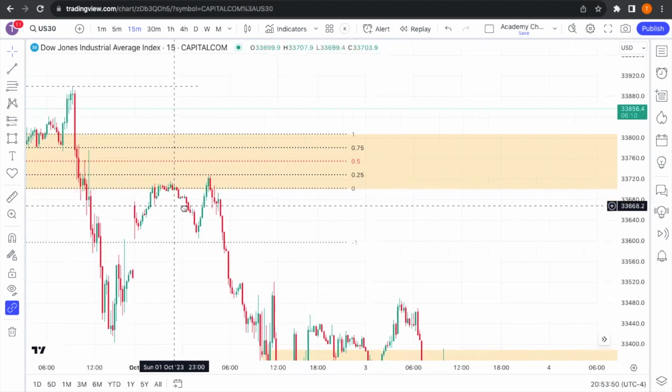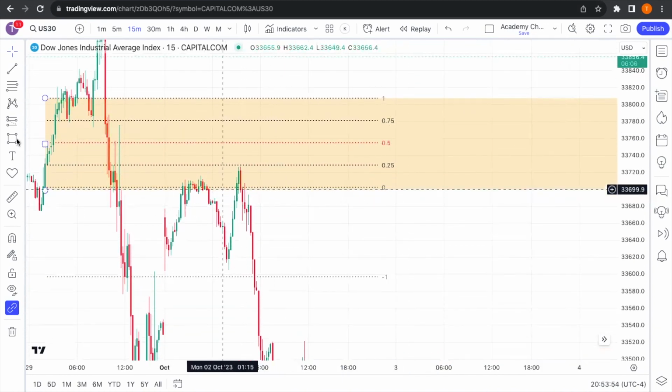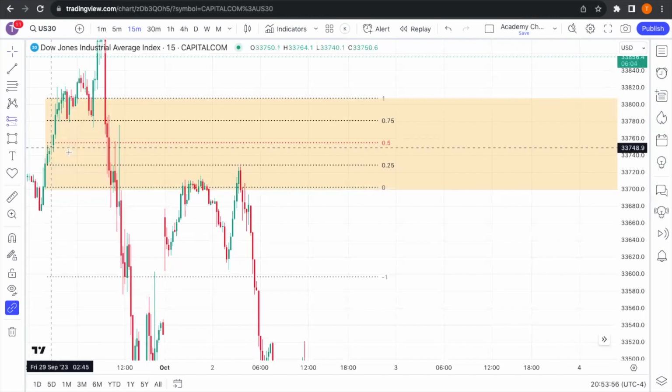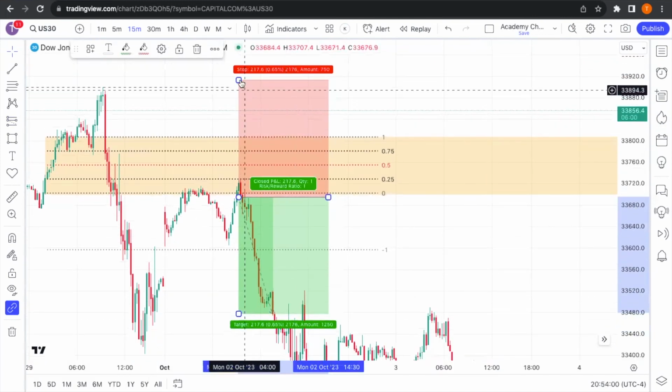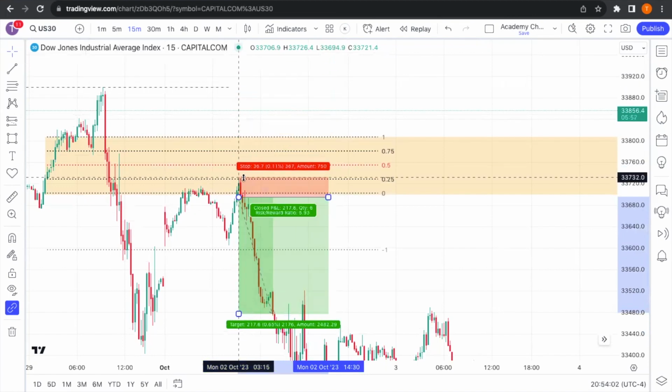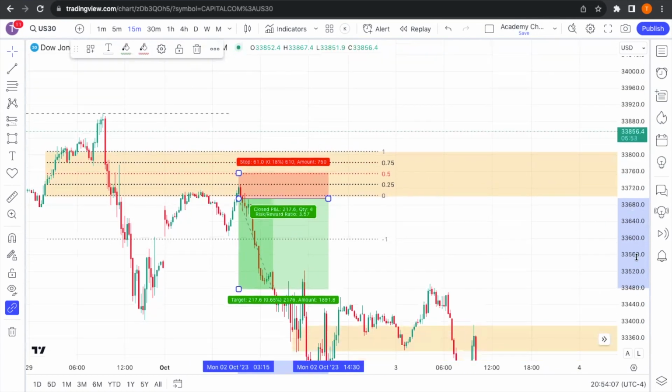Now right there, as soon as it trades below that candle, you could set it like 50% of that order block, like that mean threshold.